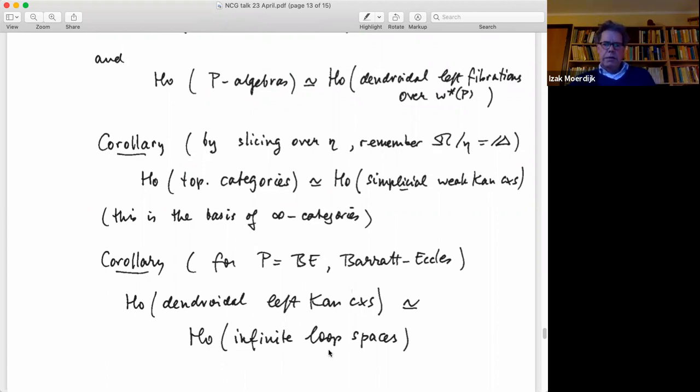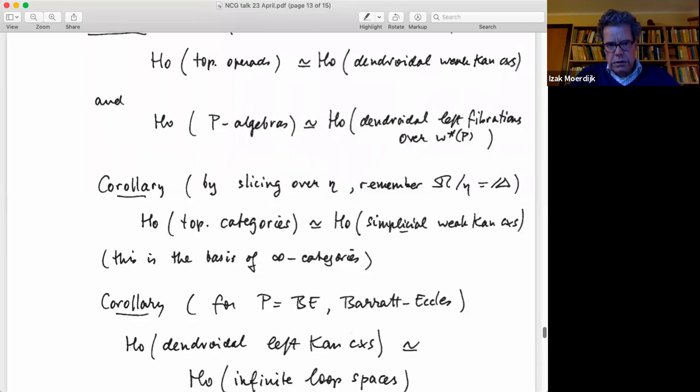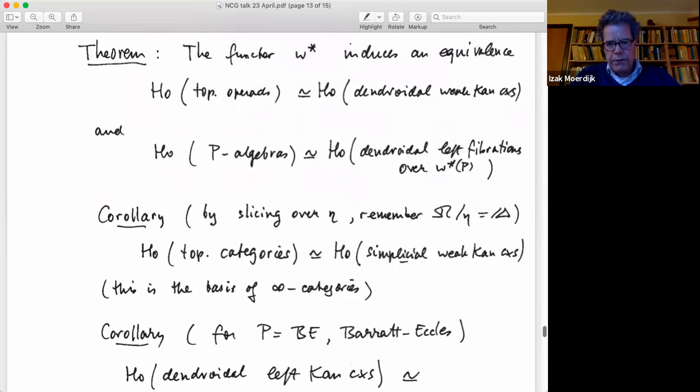Dendroidal left Kan complexes are the same as infinite loop spaces. So those are somewhat rough formulations of the central beginning theorems of the theory. And I should mention here the name Cisinski. I proved this theorem with Cisinski a while ago.